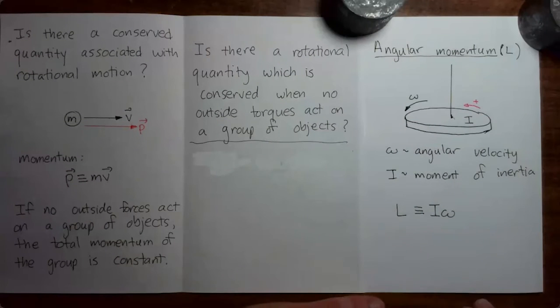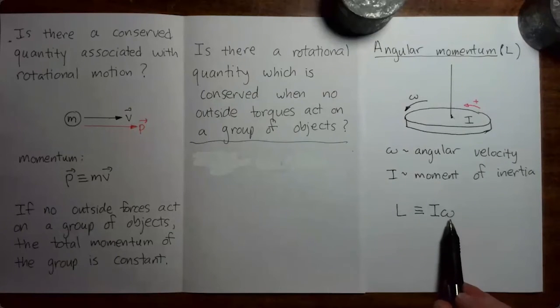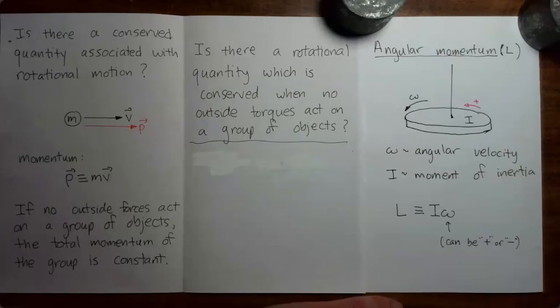One more thing I want to mention here is that the angular momentum can be positive or negative. Why is that? The angular momentum can be positive or negative because the angular velocity can be positive or negative. We say that an object has a positive angular velocity when it is rotating in whatever we define to be the positive direction.